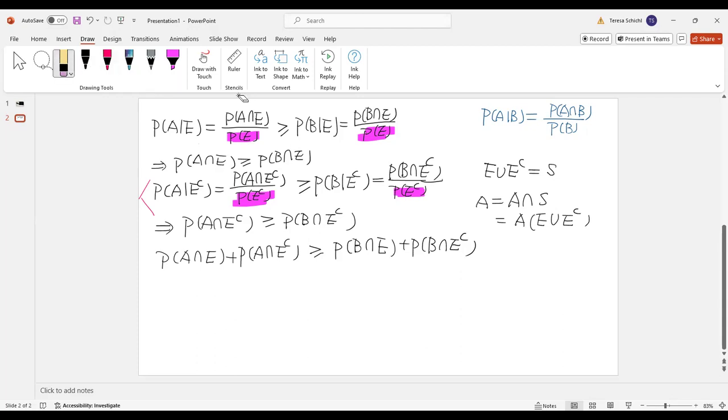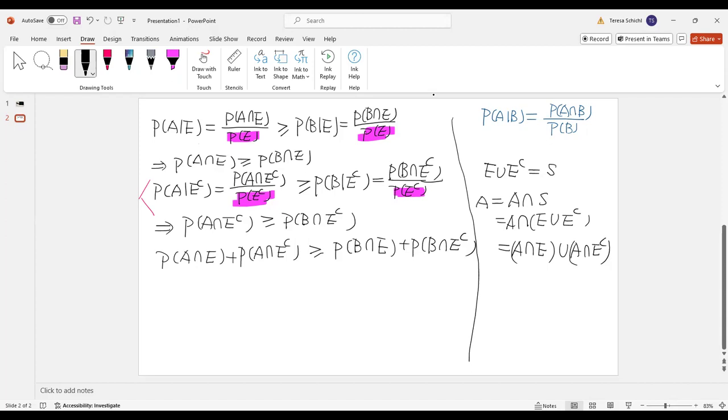Because E and E complement are disjoint, I can write this as (A intersect E) union (A intersect E complement).